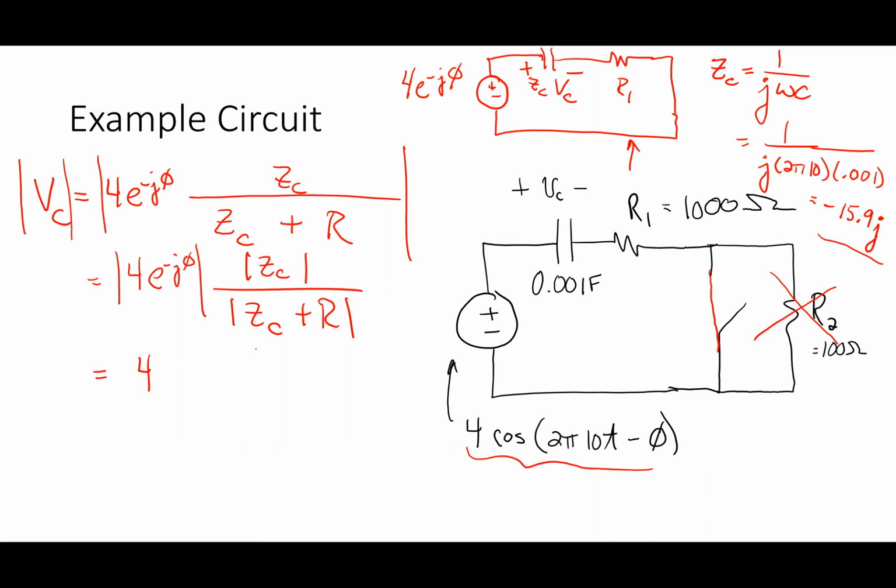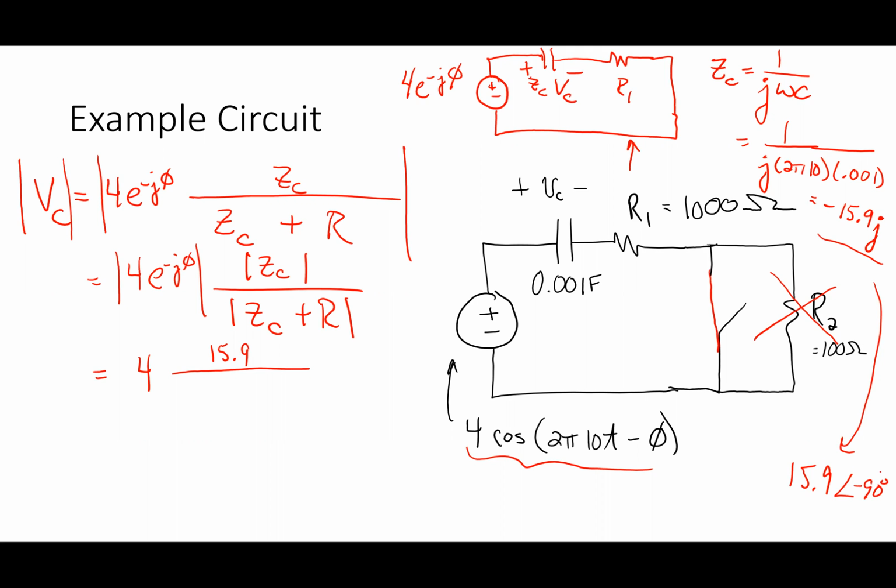So here the magnitude is 15.9. The fact that it's negative 15.9 j means that in angle form this would be 15.9 with an angle of -90. That always confuses people, the negative sign.